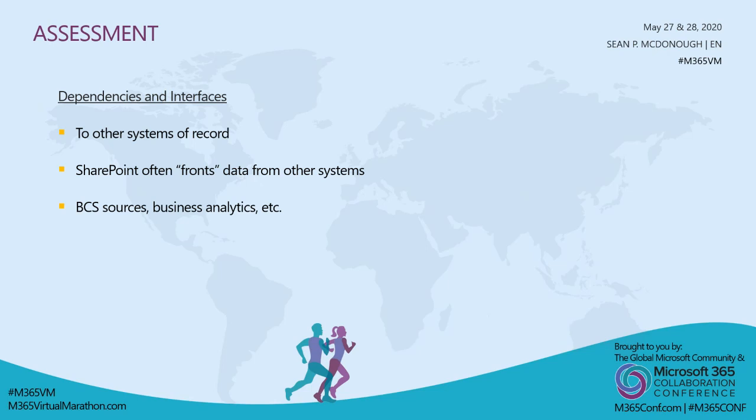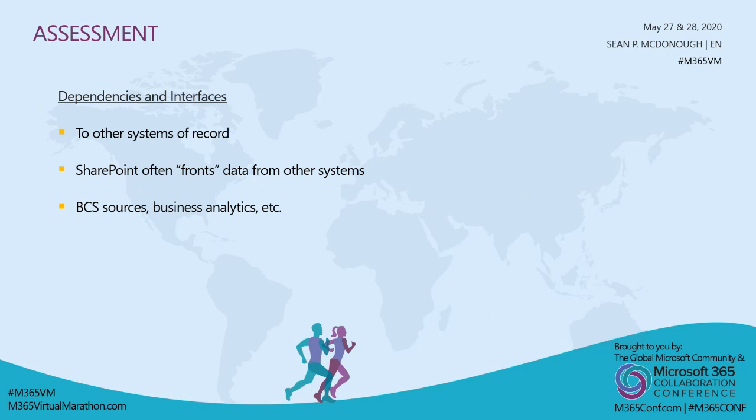So make sure you know where your farm starts, where it stops, where it interacts with other environments. Does it call web services? Does it call other online services? Does it depend on them for any sort of data? Do you have an ERP system online in your environment that SharePoint relies on?